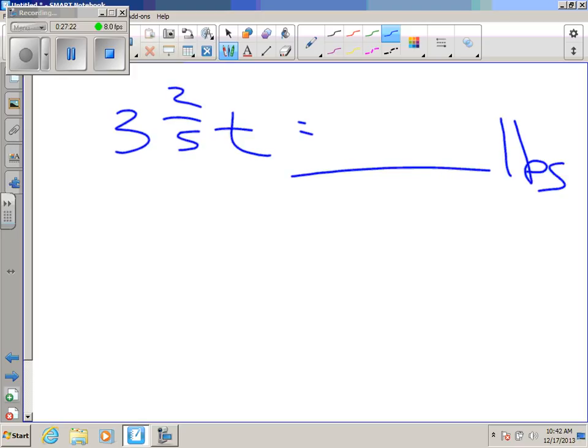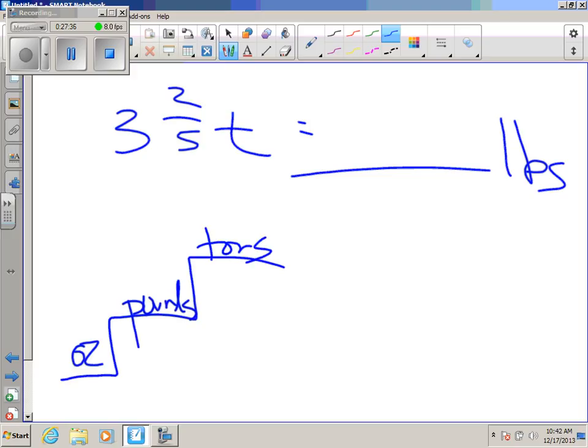Three and 2/5 tons is equal to how many pounds? We're going from tons to pounds. We're going down, which means multiply. How many pounds in a ton?